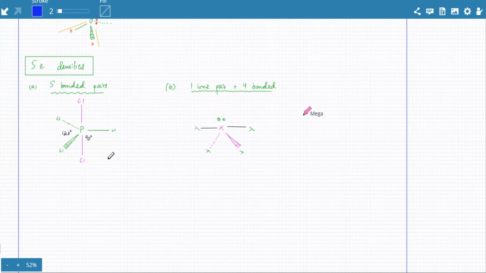The third one, part C, of the same molecule, is if you have two lone pairs plus three bonds. So how would the molecule look if you have two lone pairs? Same shape.